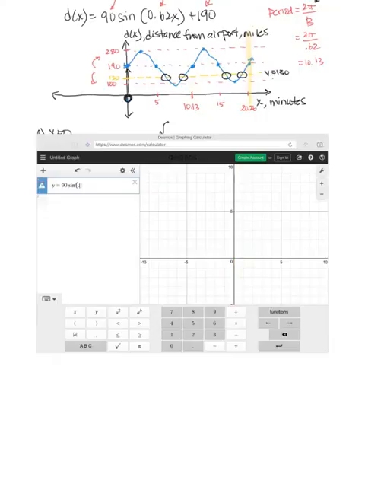I forgot the 6, or I didn't forget it, it just didn't type. 0.62x, and then plus 190. Now, the reason I can't see it is because if you look at my y-axis, it's only going to 10. So I'm going to have to adjust that here in just a second. Let me return, and I'm going to put in y equals 130.